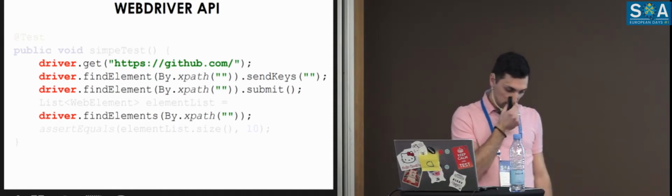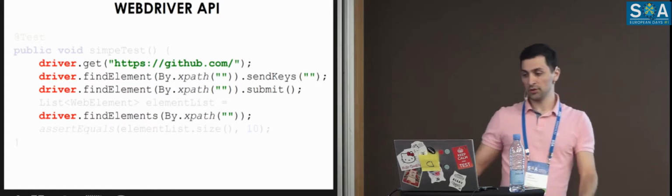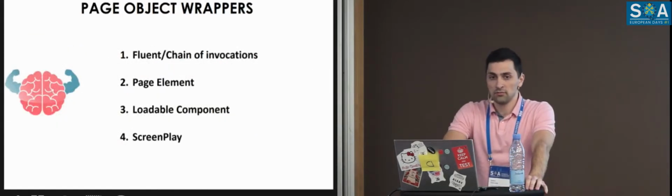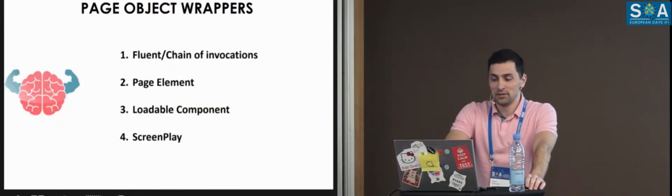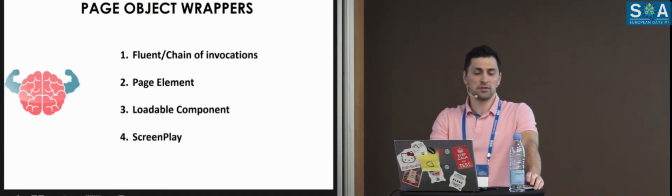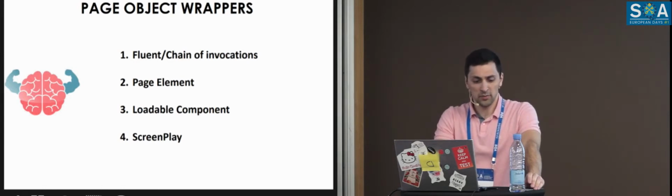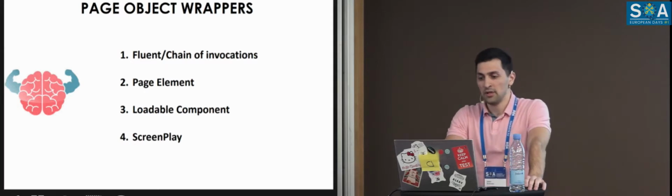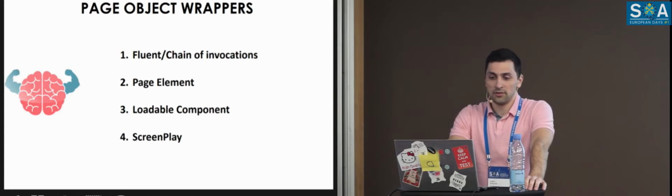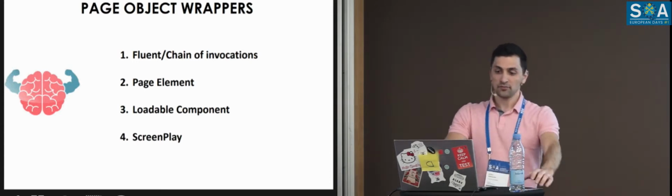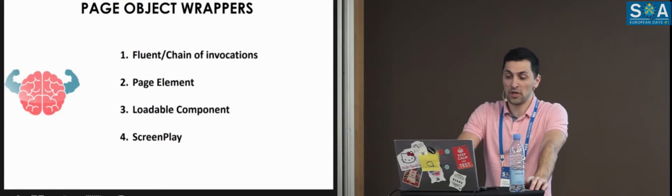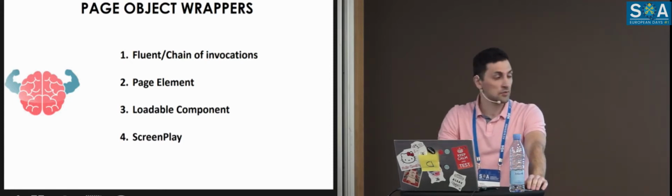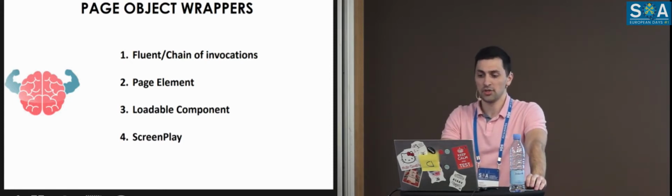After some time, you want to improve your tests, and you find the page object model. It is a very famous design pattern, and even my grandmother knows it. This page object exists with different wrappers. The most used of them you see on the slide. First, chain invocation.